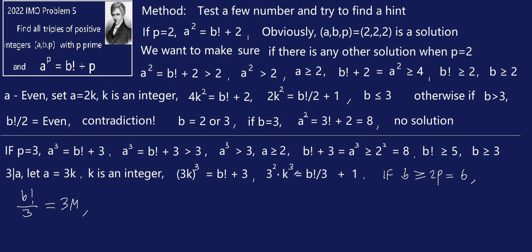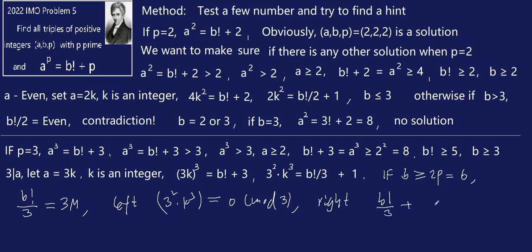And then the left side and the right side will contradict, because the left side, 9k cubed, is equal to 0 mod 3, but the right side will be 1 mod 3.